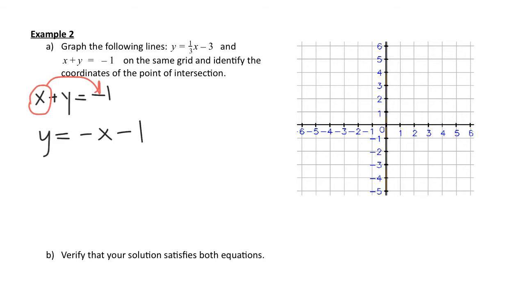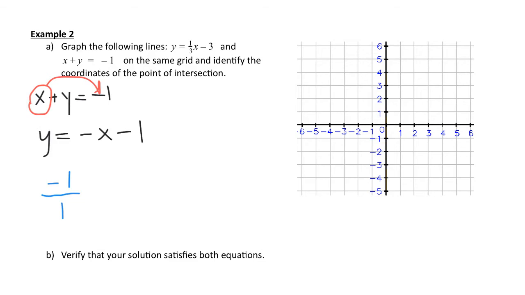That's going to leave me with y equals negative x minus 1. Now that we have the equation in the correct form, let's go ahead and identify our slope. Remember that your slope is going to give you the directions in which you need to move on your Cartesian plane. From my equation, I can see that my slope is negative 1. And so I can also express that as negative 1 over 1.